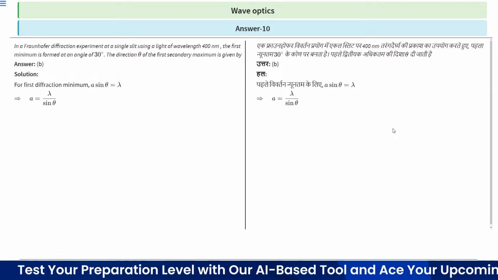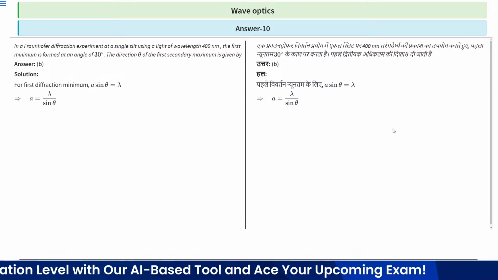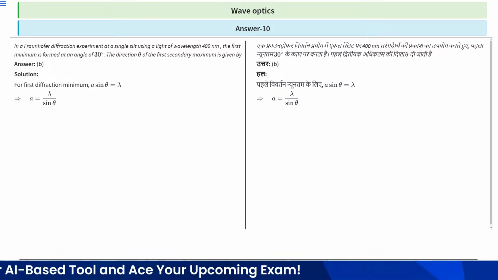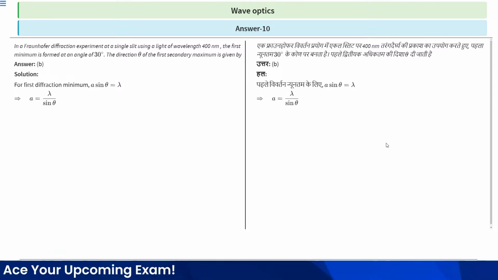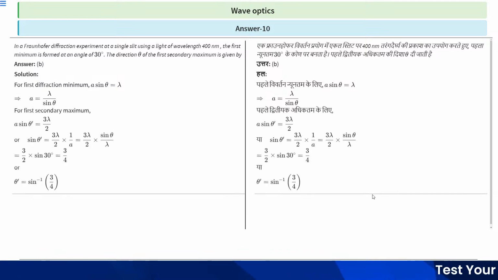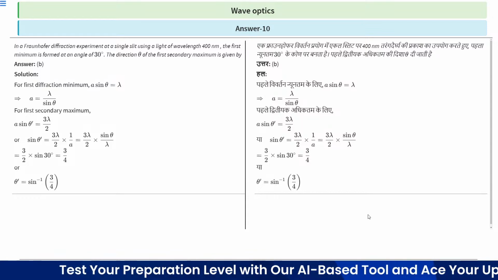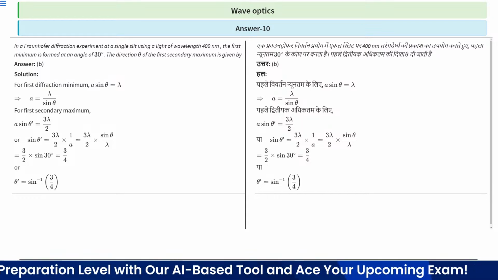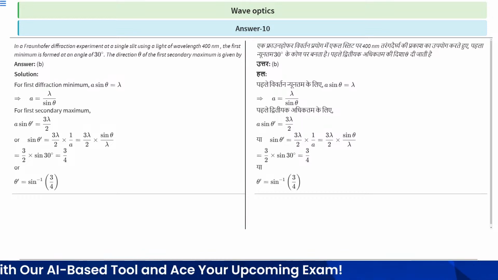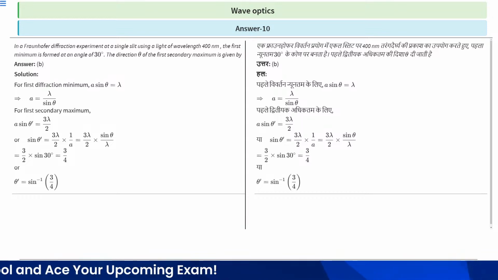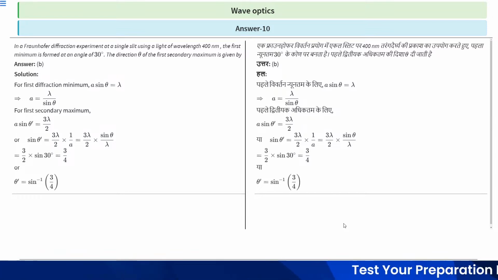So we know for the first diffraction minimum, a sin θ = λ, so a = λ/sin θ. For the secondary maximum, a sin θ' = 3λ/2. This is the simple mathematical calculation.